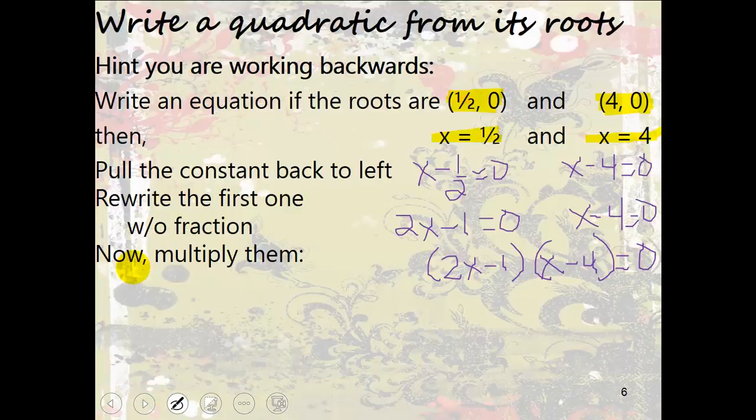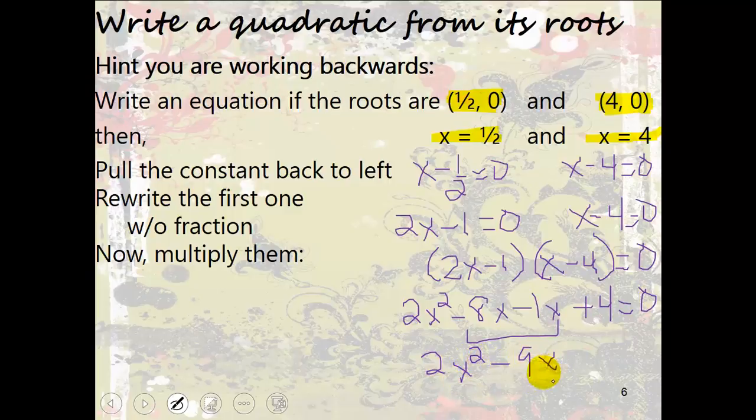Now multiply them together. 2x squared minus 8x minus 1x plus 4 equals 0. Combine these. 2x squared minus 9x plus 4 equals 0. And we just wrote the equation.